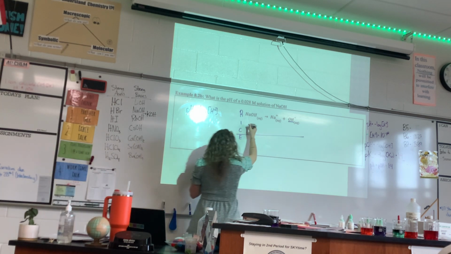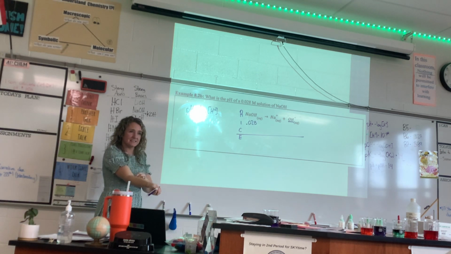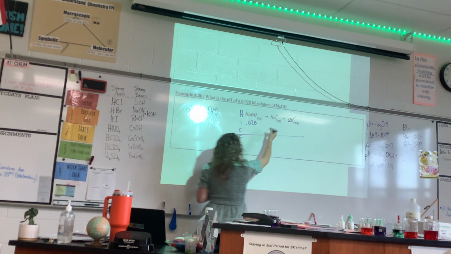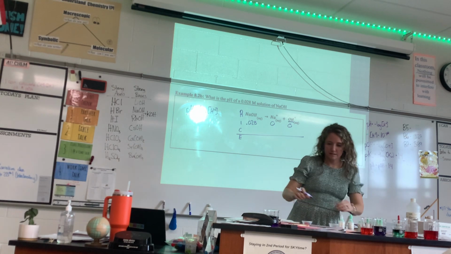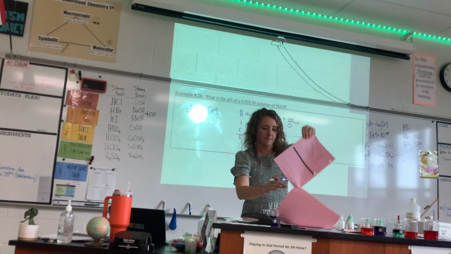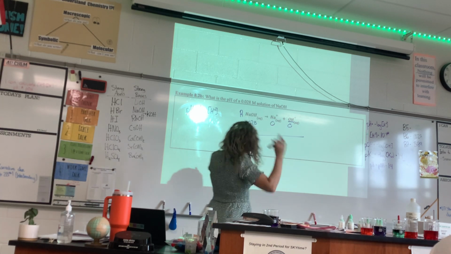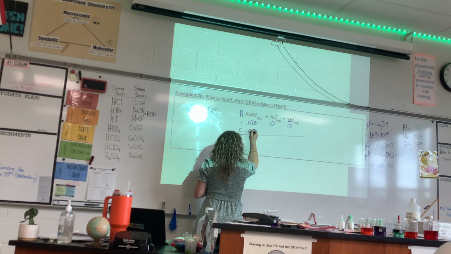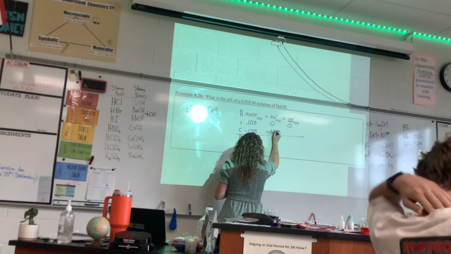I'm starting with a concentration of 0.028 for my sodium hydroxide. This would be 0. What's the change going to be? All of it's going away, because that's what strong bases do. 0.028.